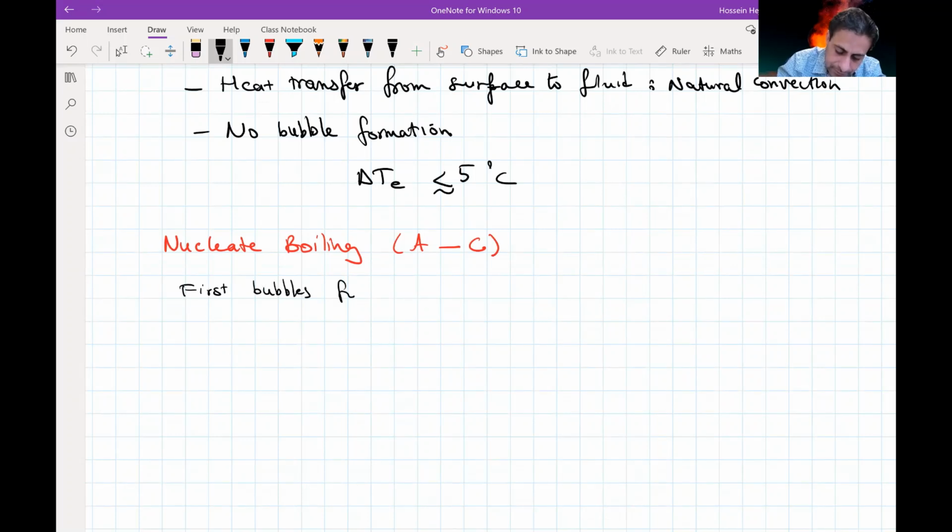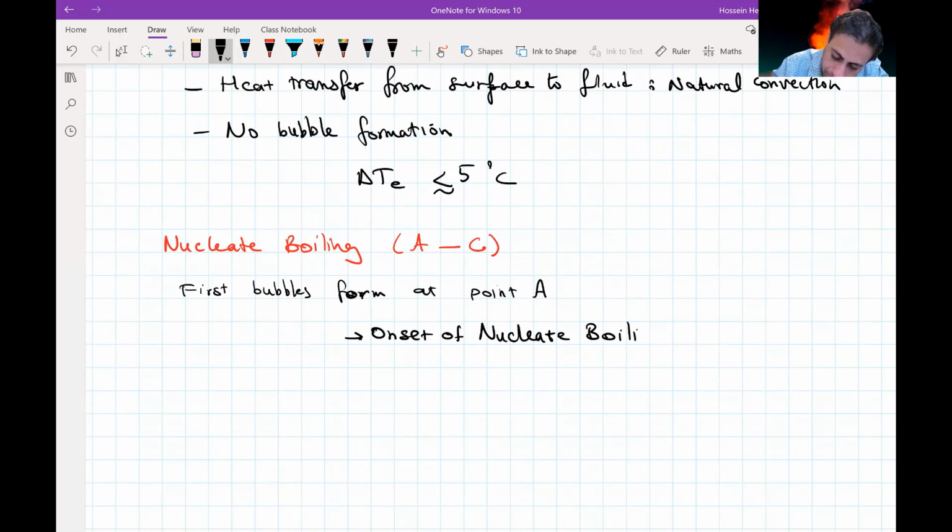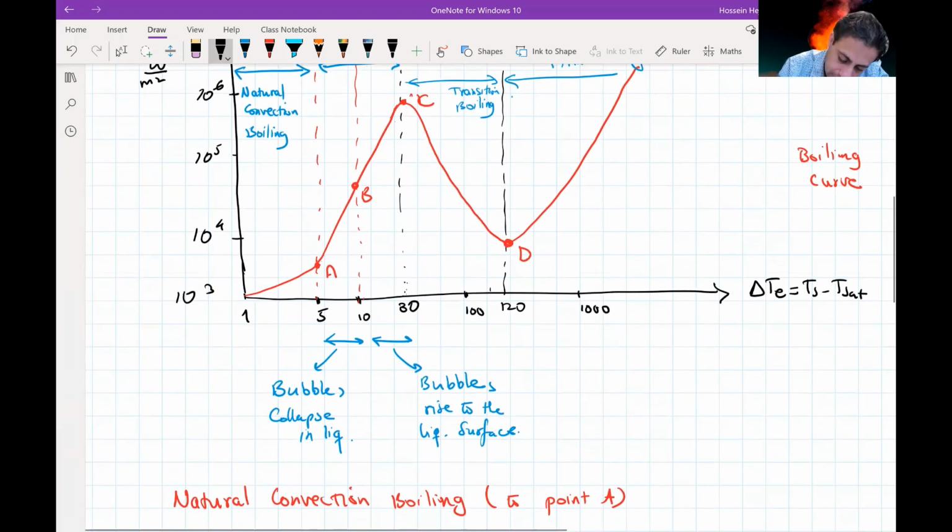First bubbles form at point A. At some random spots, from nucleation sites at the solid surface, you would see these bubbles forming when delta T excess reaches point A, and that's what we called onset of nucleate boiling, or ONB. So this point A is also called ONB, the onset of nucleate boiling that we have here.